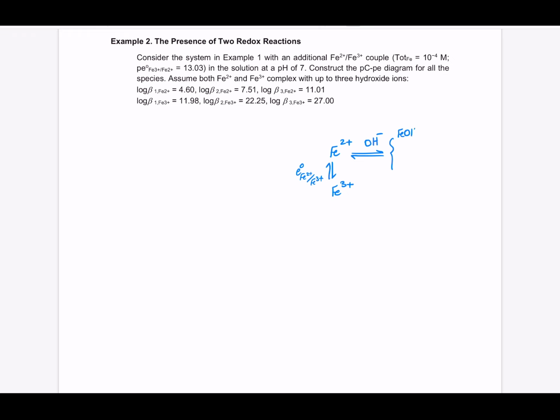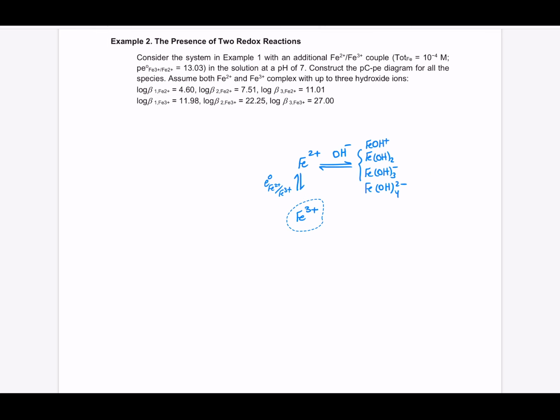So FeOH plus, and FeOH2, FeOH3 minus, and FeOH4 2 minus. Oh, 3, yeah, you're right.